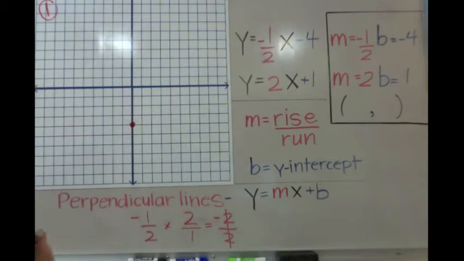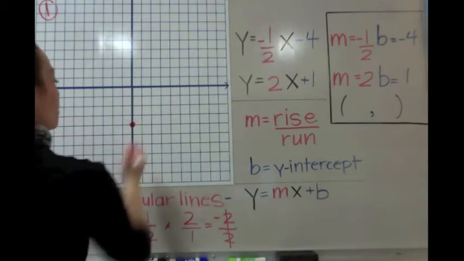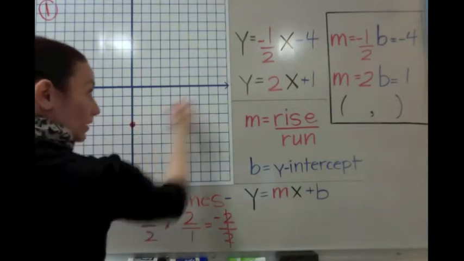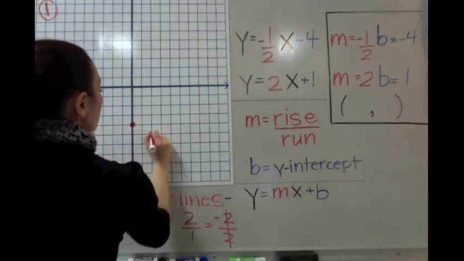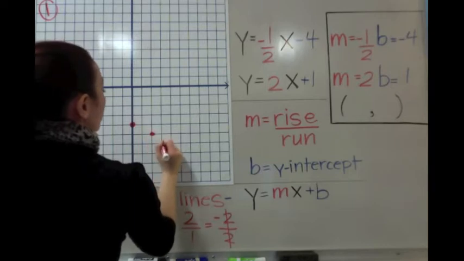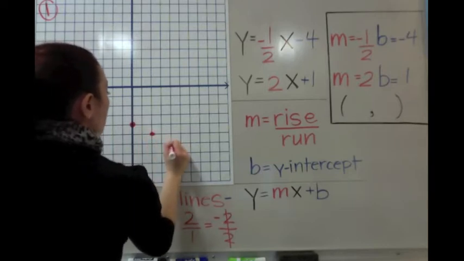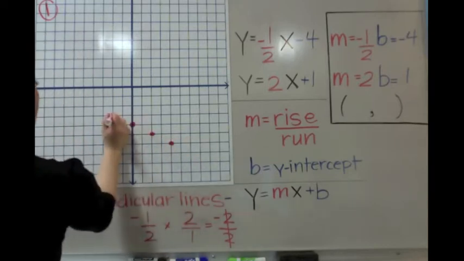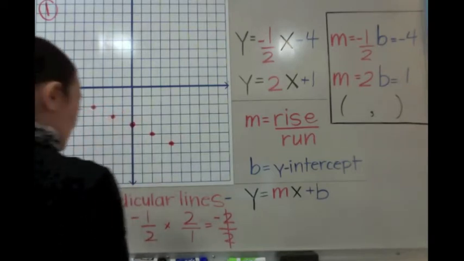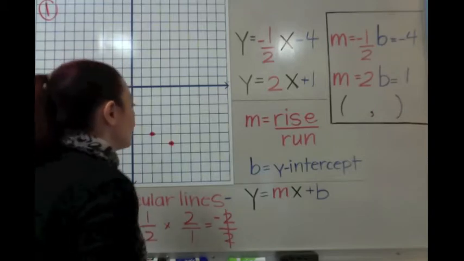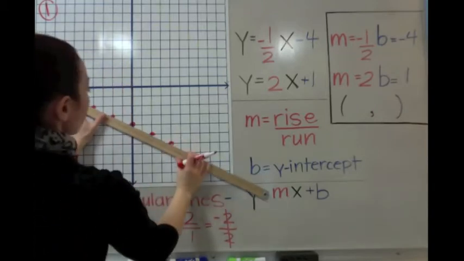You ready? From that point, we're going to go down 1. It's telling us to go down 1 and over 2. So down 1 over 2, down 1 over 2. We could also go up 1 and over 2, up 1 and over 2. We're seeing that this line, again, has a negative slope of 1/2.